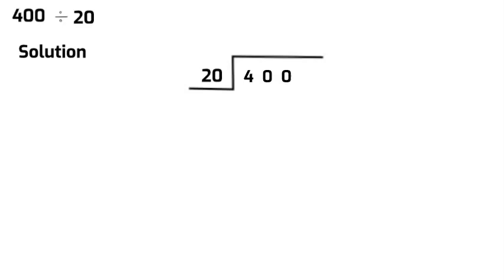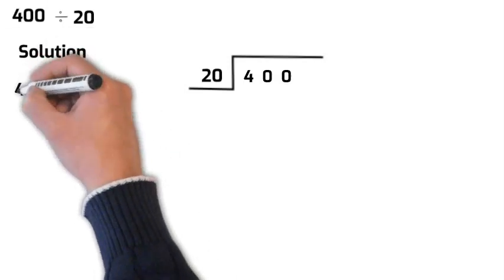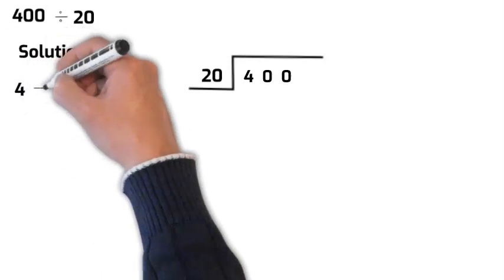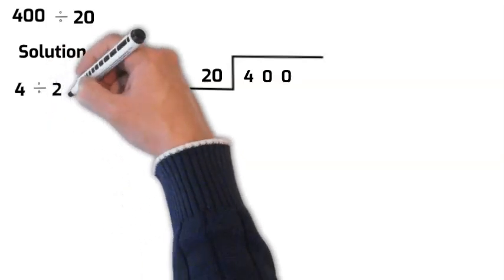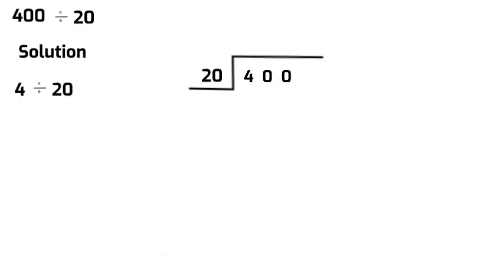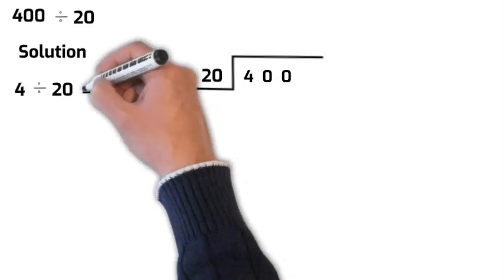Next, we divide our first dividend by our divisor 20. Our first dividend is 4. So we say 4 divided by 20. 4 divided by 20 is 0.